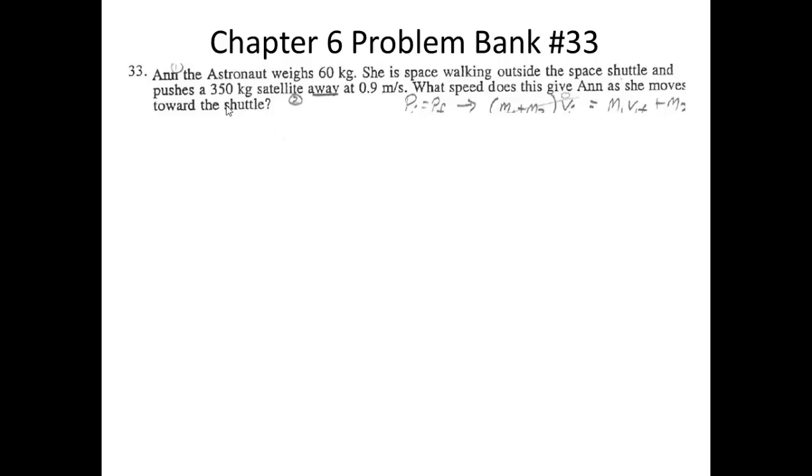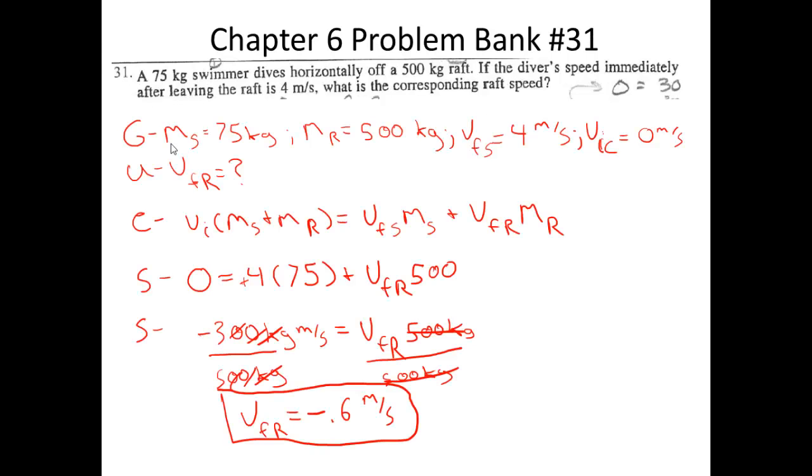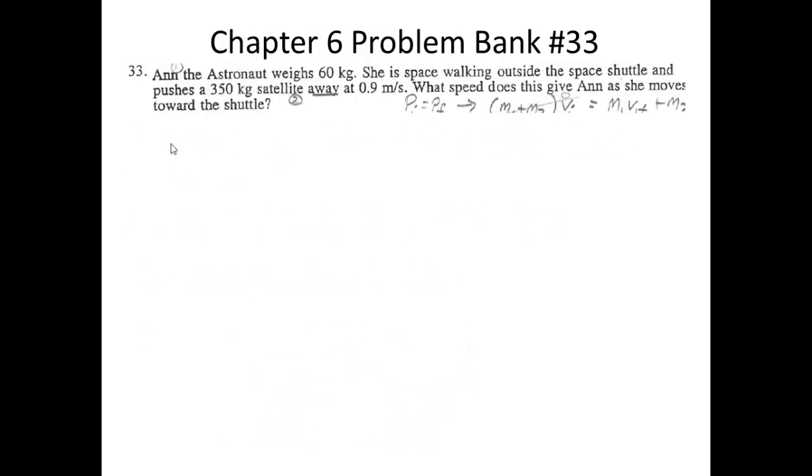So again, we will assume that our initial velocity of Ann, the astronaut, and the satellite is 0. The mass of Ann is equal to 60 kilograms.